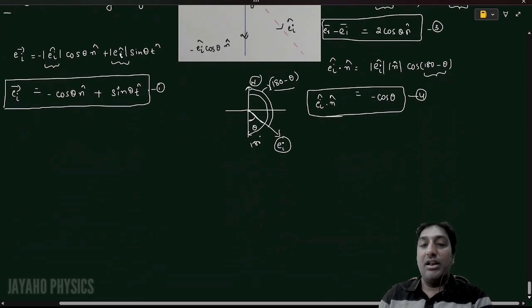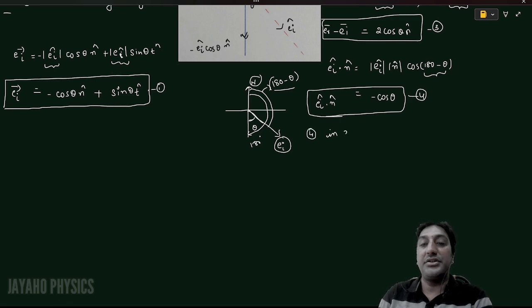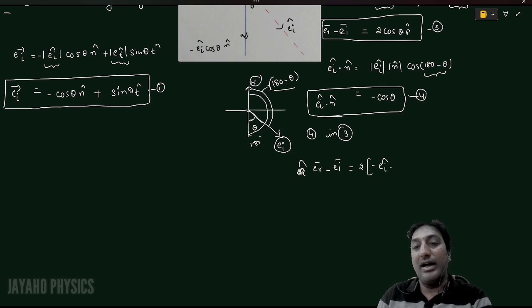If you substitute this value of cos theta from the fourth equation into the third equation, here I'm getting E_r bar minus E_i bar is equal to 2 times of minus E_i cap dot n cap multiplied by n cap. So E_r bar minus E_i bar is equal to minus 2 times E_i cap dot n cap multiplied by the n cap.